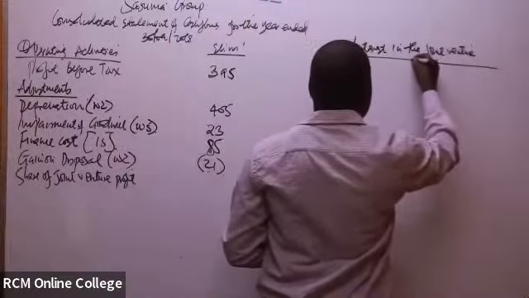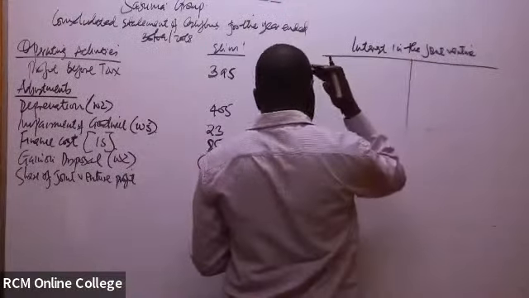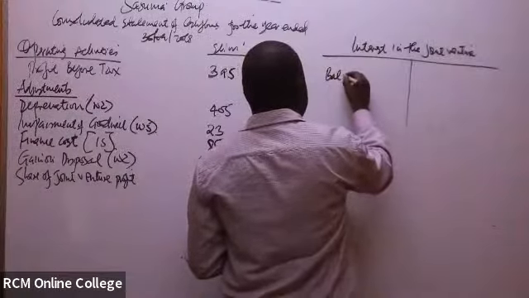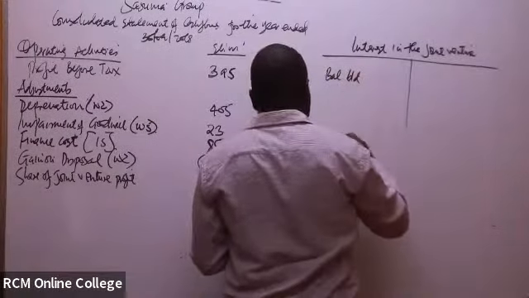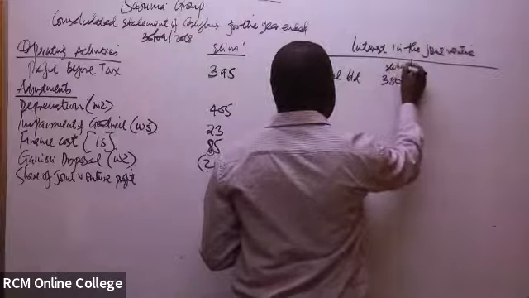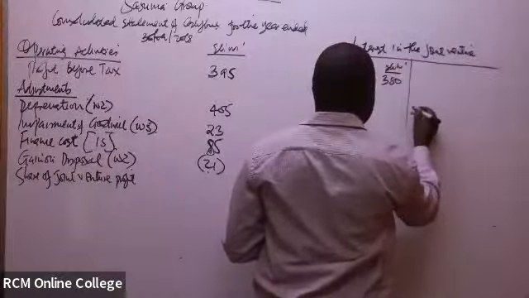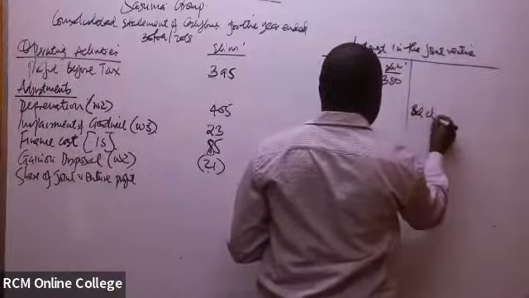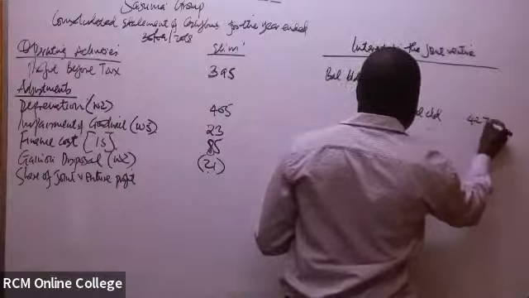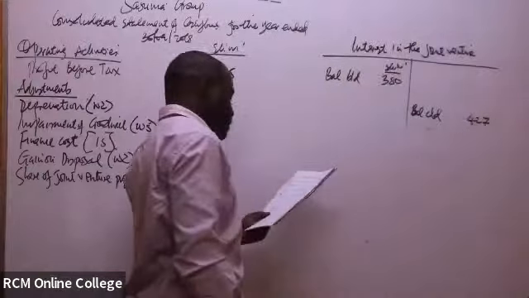There's a balance brought down of this joint venture investment, an amount of 380. Then there's the balance carried down at the end of the year, an amount of 427.